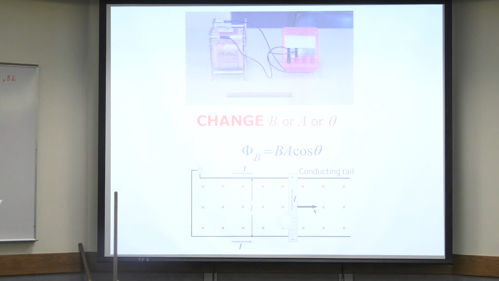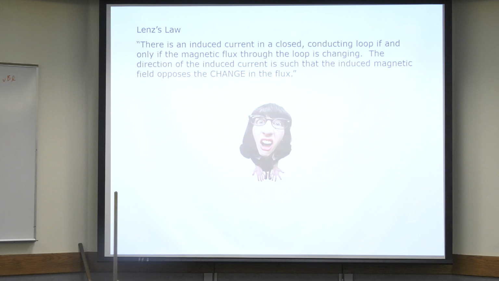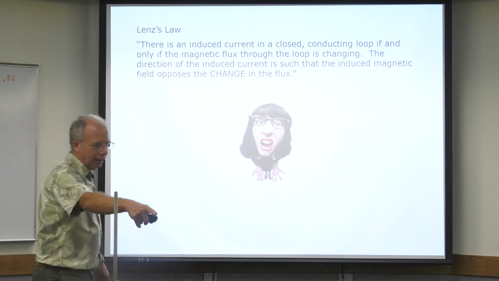Oh boy. Now, this is going to be challenging, but you'll understand it after we do some examples. This is a quote right from the book. Lenz's law: There is an induced current in a closed conducting loop if and only if the magnetic flux through the loop is changing. We understand that, right? We saw that. Remember, when I didn't move the magnet, we didn't get any current.